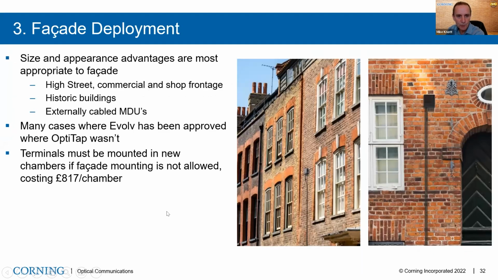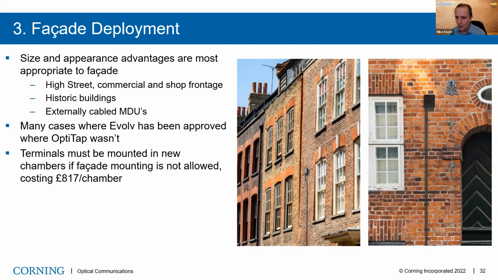For facade deployment, it's really the size and the appearance which are the most appropriate. Within Openreach's network, there is actually a surprising amount of facade deployment. Along high streets and commercial shop frontages, there are historic buildings and externally cabled MDUs. It's about 10% of Openreach's network which does actually use facade terminals.